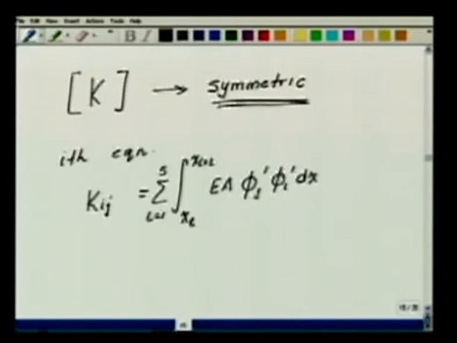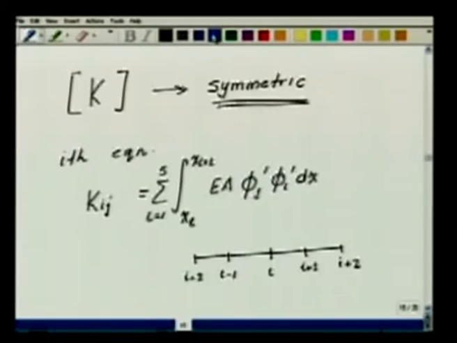Now, one simple question. Tell me what are the elements in which phi I is non-zero. If I go and draw the mesh, I will not draw the full mesh. If you remember, here is node I, here is I minus 1, here is I minus 2. This is node I plus 1, this is node I plus 2.